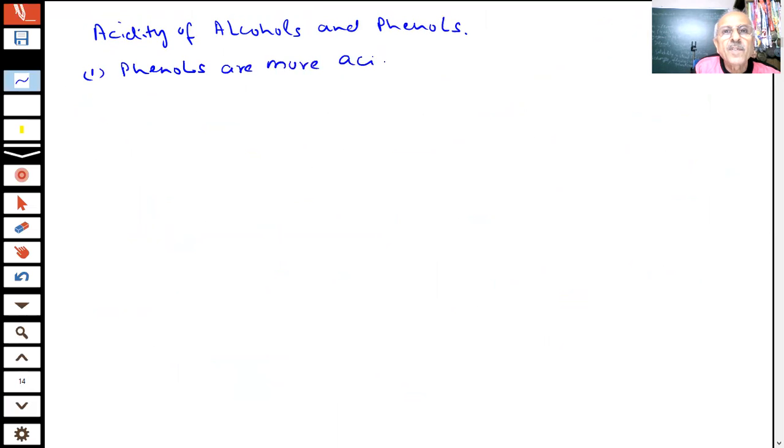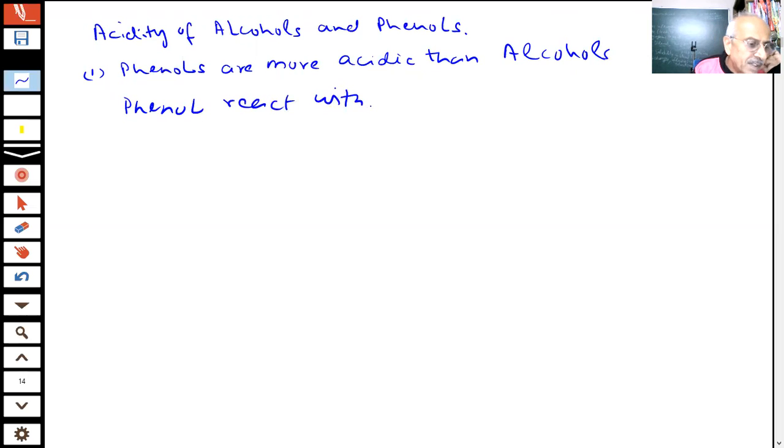We will show how and why very soon. Because of this, phenols also react with NaOH, but alcohols do not react.